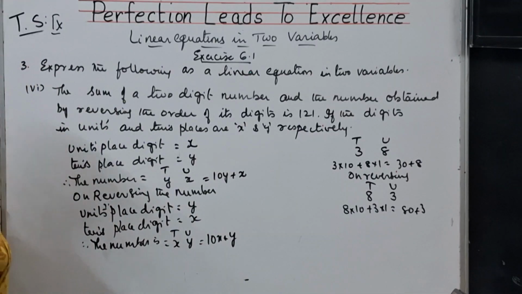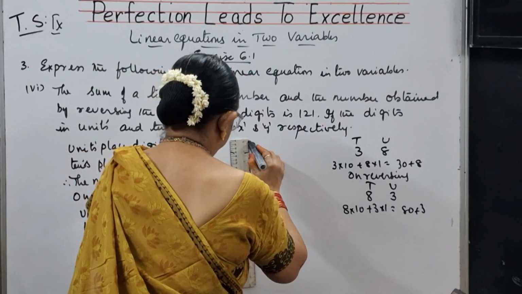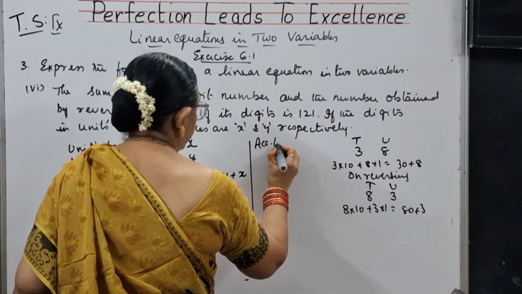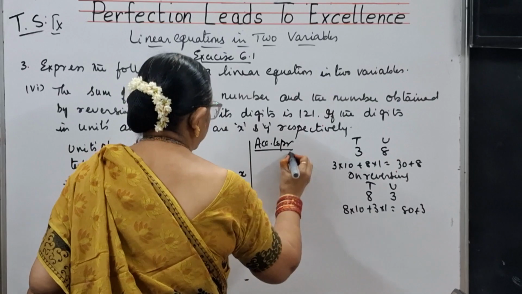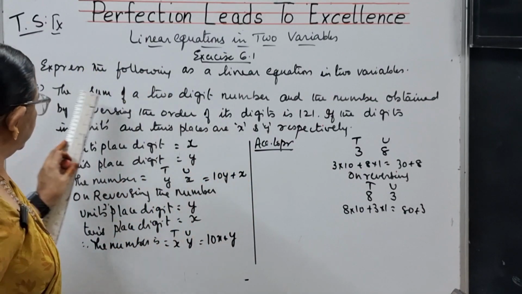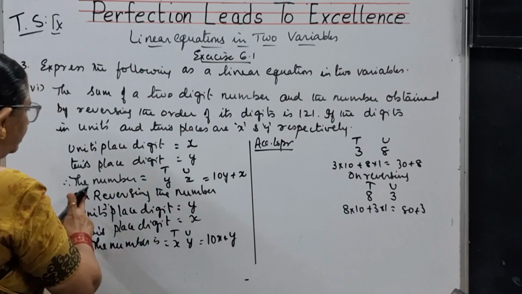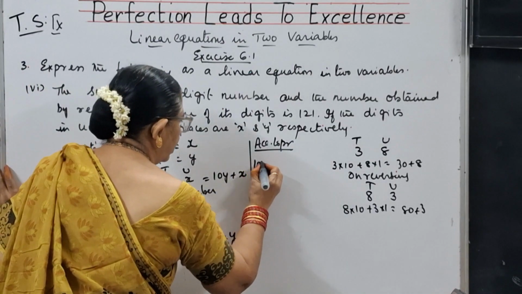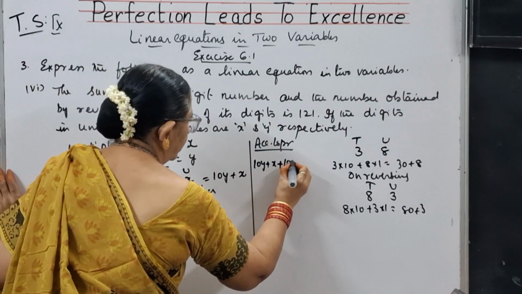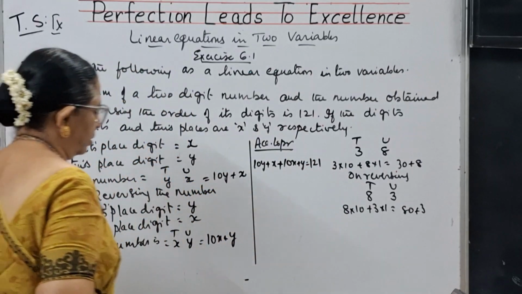Okay, children. Now, what does the problem say? According to the problem, the sum of the two-digit number and the number obtained by reversing it: this is the two-digit number, 10y plus x, plus 10x plus y is equal to 121.